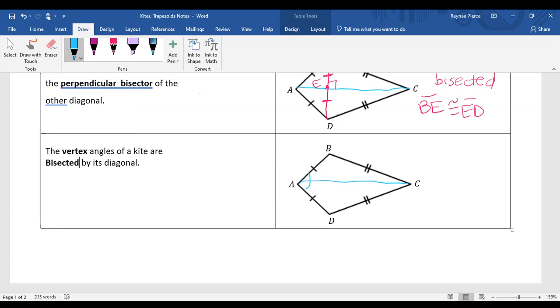Angle A is bisected and angle C is bisected, which means angle BAC is congruent to angle DAC, and angle BCA is congruent to angle DCA.